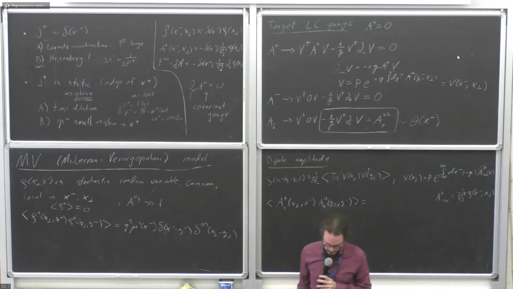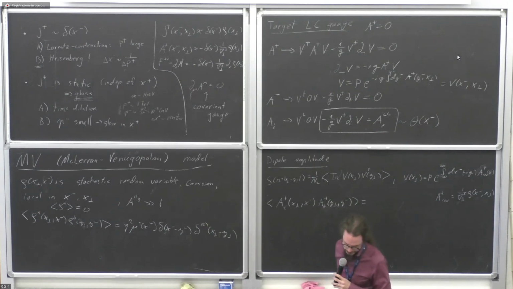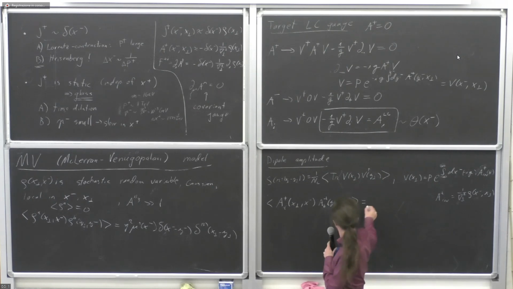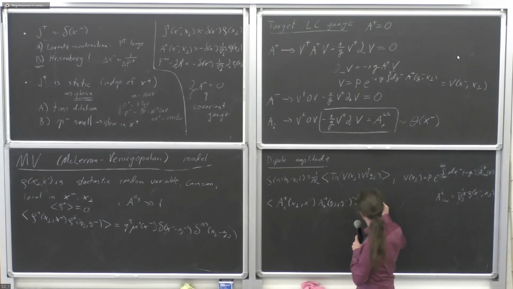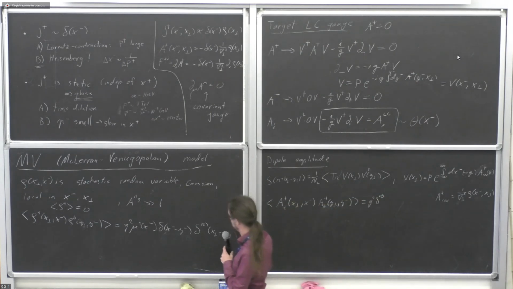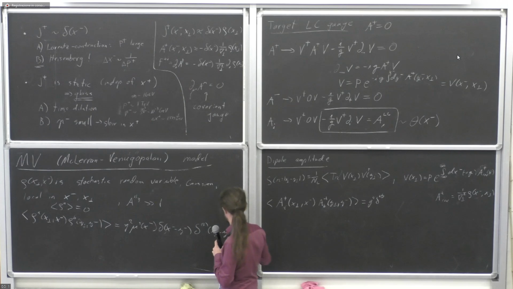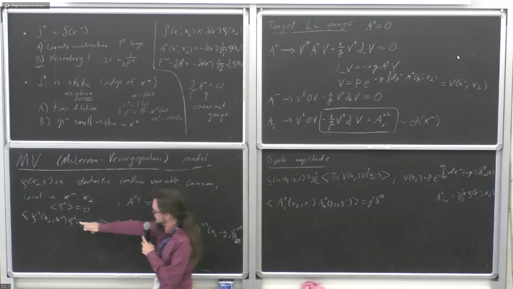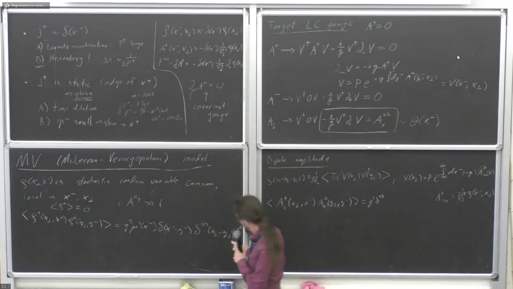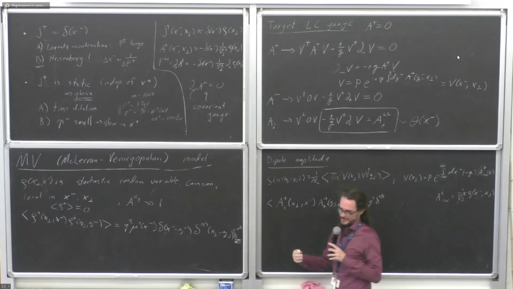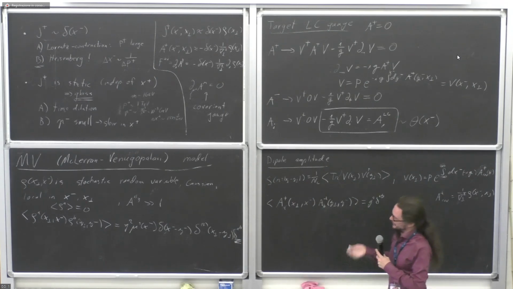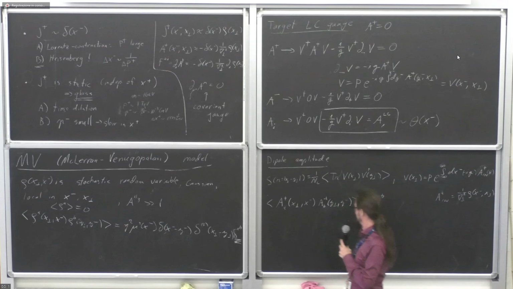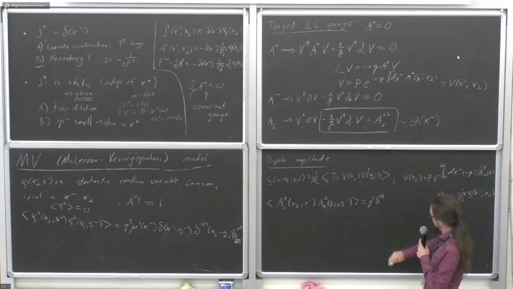I would just say that this is g squared delta AB, local in color, because the color indices here are A and B. This is the only gauge invariant, or SU(3) invariant, thing you can write down with two color indices.